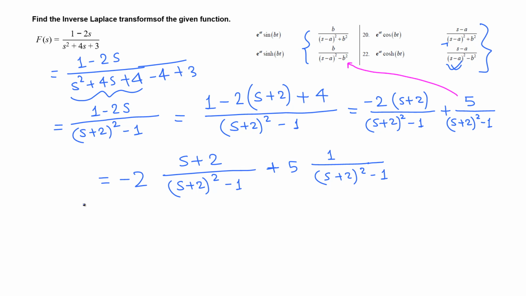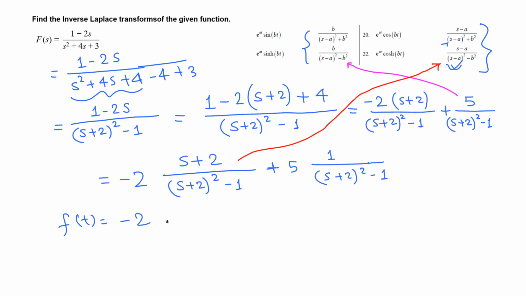And then take the inverse Laplace, we get the function as negative 2. For this, now we are using exactly s minus a. This is s minus negative 2 over (s minus negative 2) squared minus 1 squared.